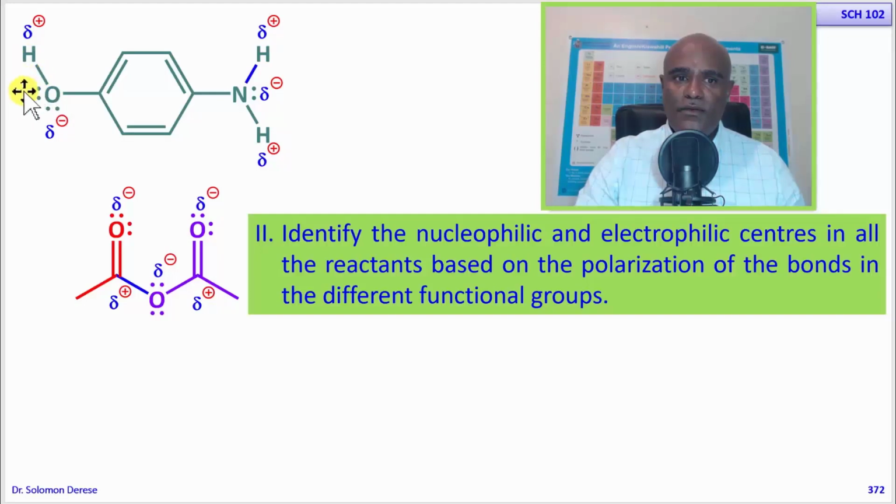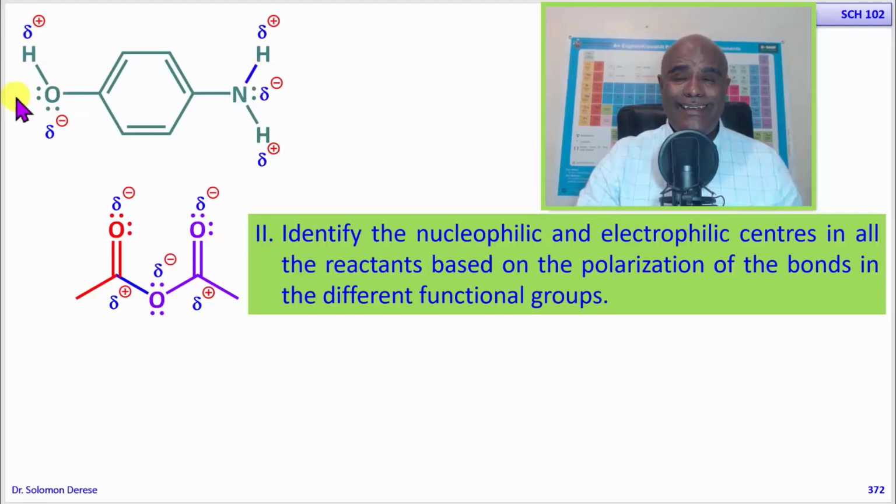In here you see, since oxygen is more electronegative than hydrogen, remember oxygen is the second most electronegative element in the periodic table. So this bond between the oxygen and hydrogen is very polarized. Since oxygen is more electronegative than hydrogen, the oxygen withdraws, pulls the electrons of this bond towards itself. As a result, on this oxygen we have excess of electrons, on the other one we have deficiency of electrons.